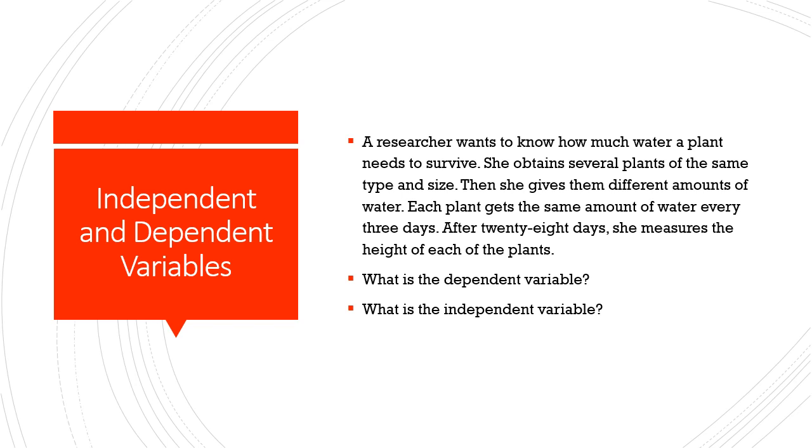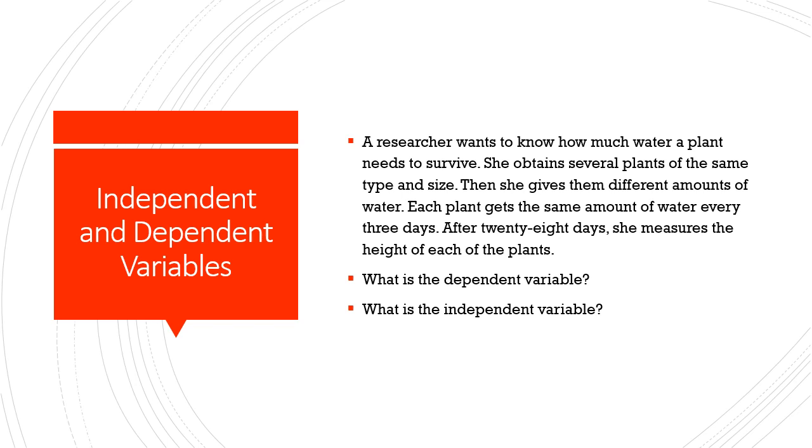And then what she does is that she gives each of the plants that she has obtained different amounts of water, but she gives them that same amount every 3 days. And then at the end of the 28 days, she measures the height of the plant.